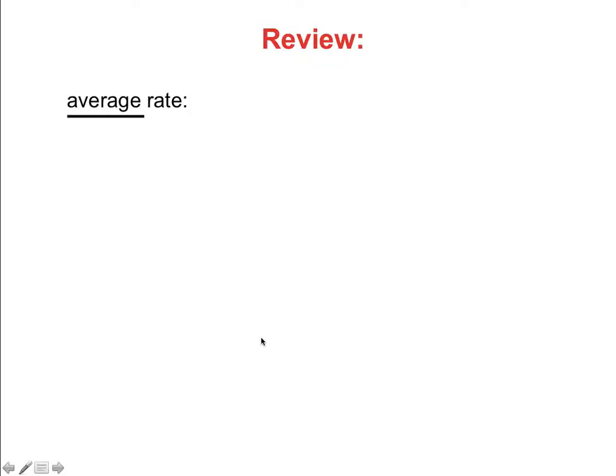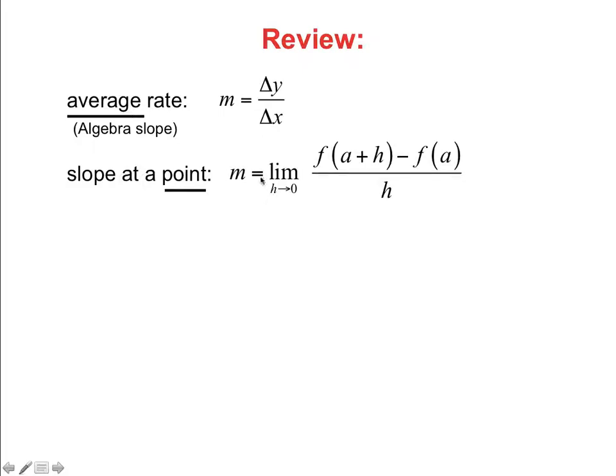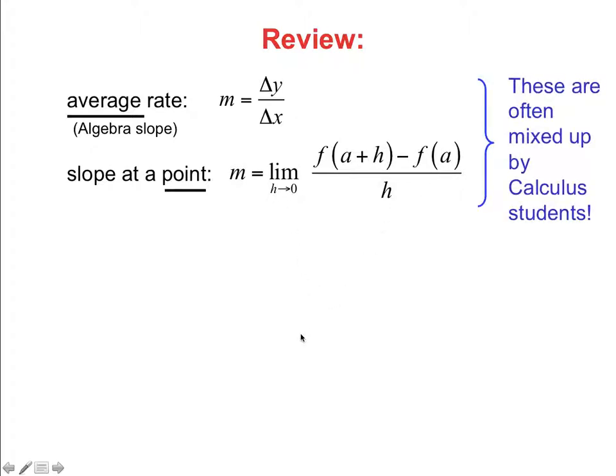So just a quick review here. Remember, average rate is your algebra slope. That's your rise over run. Slope at a point is your limit method. That's plugging your a plus h, or your number plus h, into your function, minus evaluating your function at that location, and then taking the limit of that expression. So this is the beginning of calculus, and this is algebra as you know and love it.